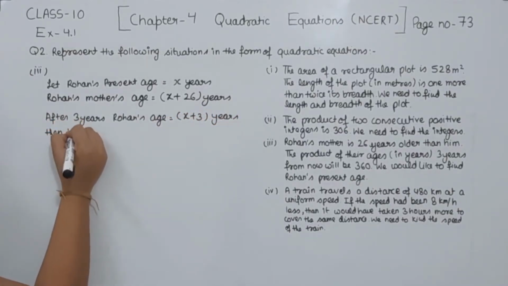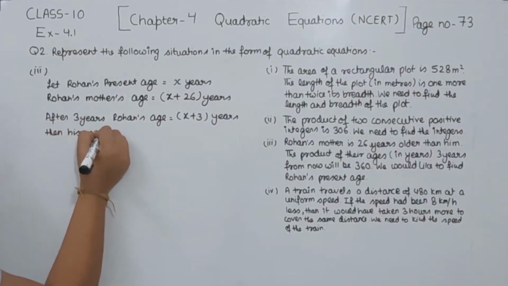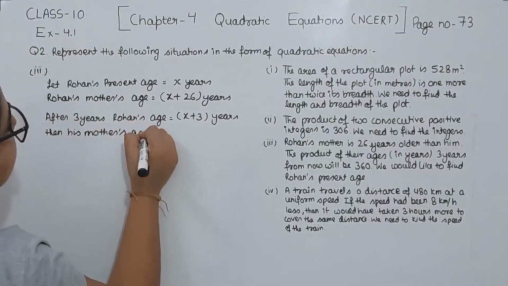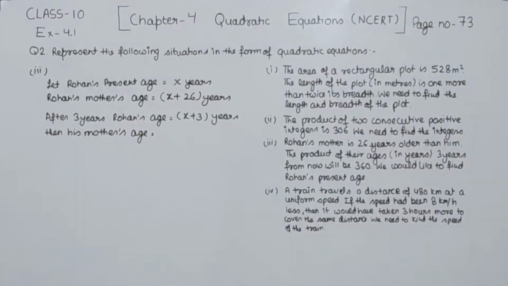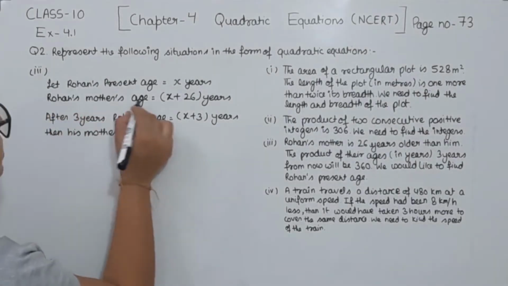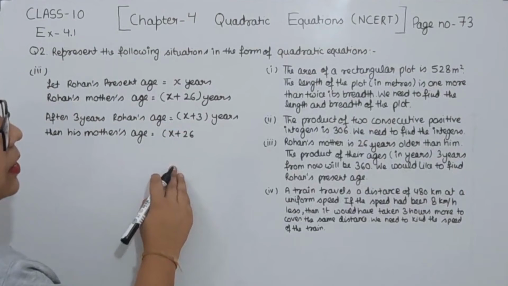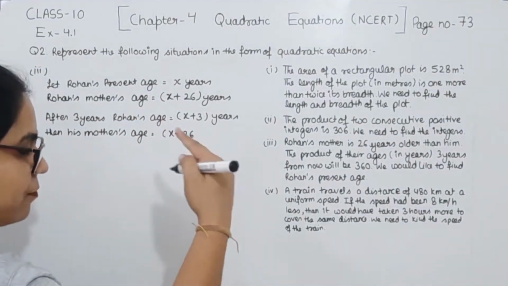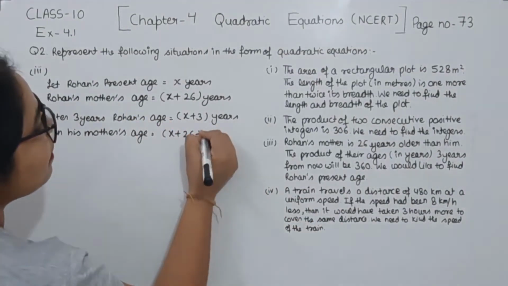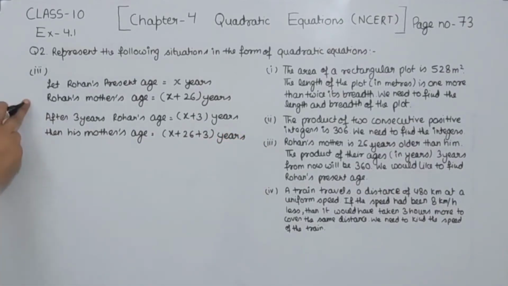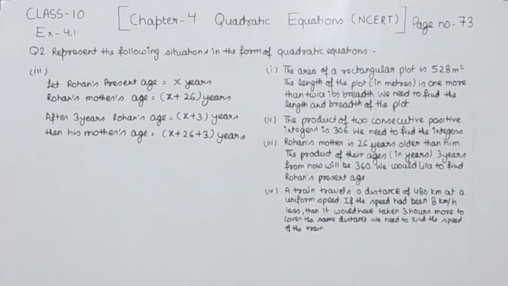Then his mother's age will be, we have to add 3, not 3 times, we have to add 3 years in the present age of Rohan's mother, which is x plus 26.